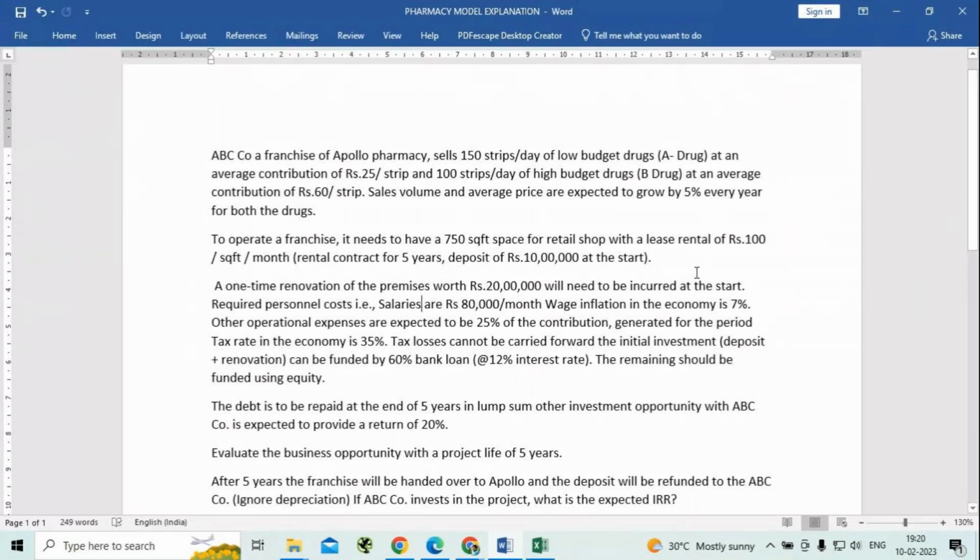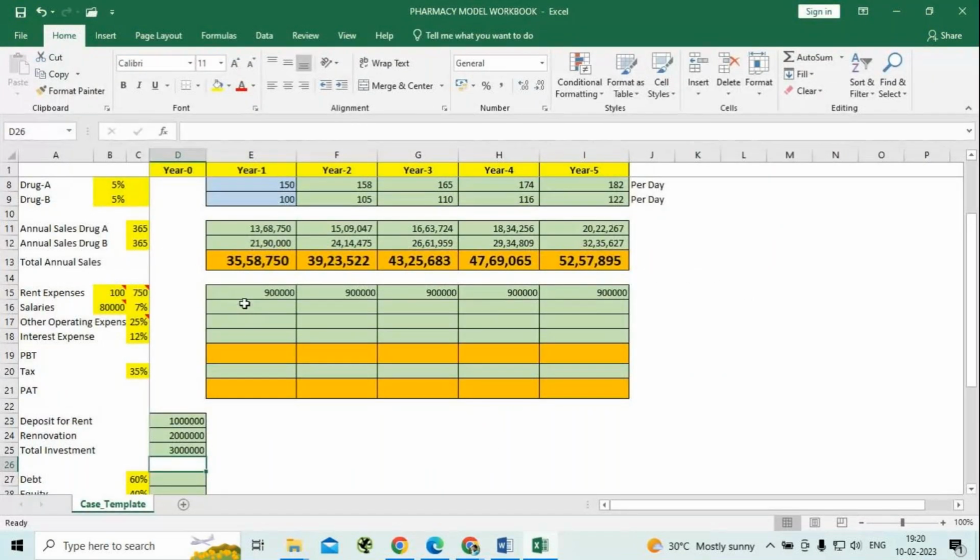Every year it has to be increased by 7%. So the salary is 80,000. I'm supposed to give the equal sign, so equals 80,000 into 12.